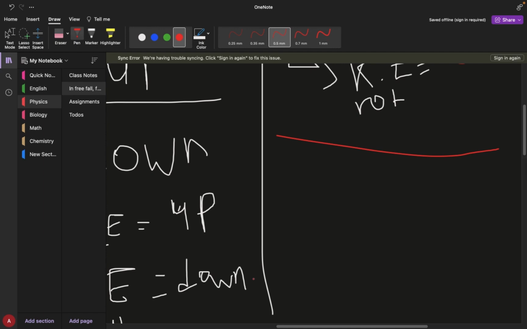Whatever number you put in, I'm just going to use up and down, all right? The question just said with slipping. I know that means rotational kinetic energy is 0.